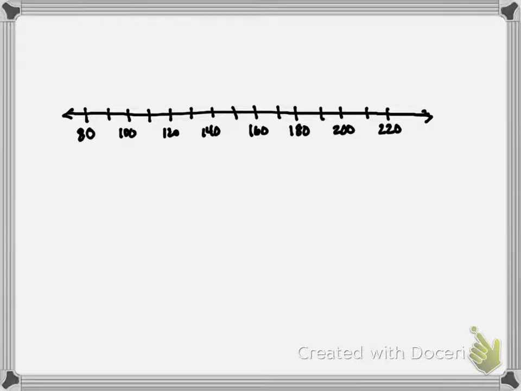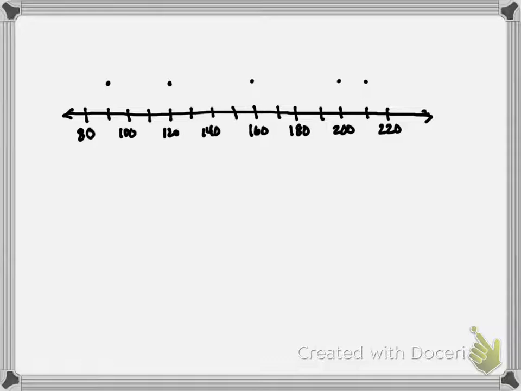And we're going to plot 5 points. First one will be at 90. Second one will be at 120. Third point is at 160. Fourth point will be at 200. And 210 will be the last one. So I'm going to write above what each one is.